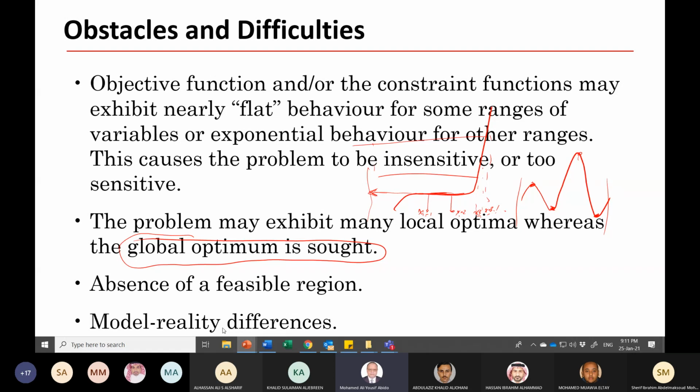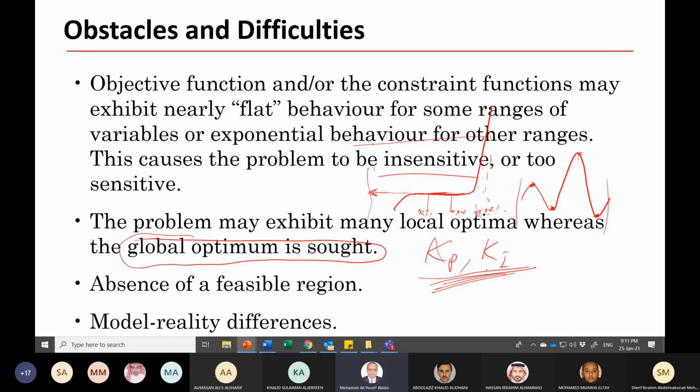So even if you find an optimal solution based on the model, when you go to the plant in real life and set the values of KB and KI, they may not give you the expected performance.